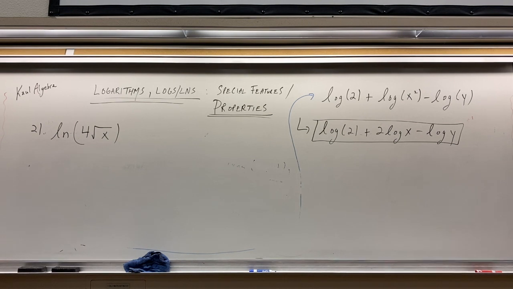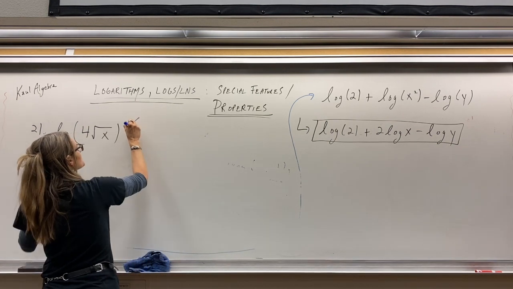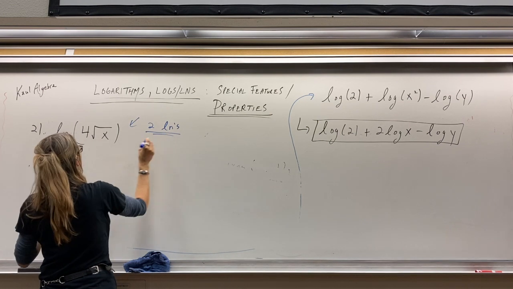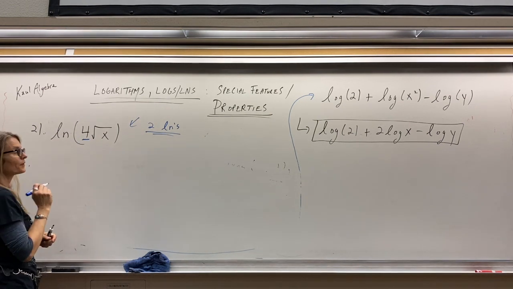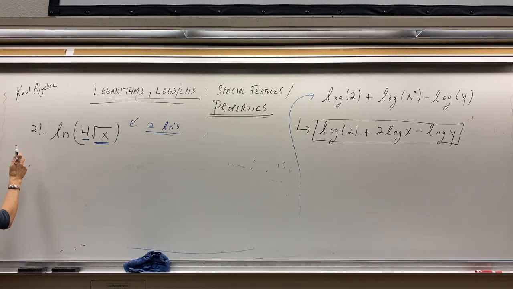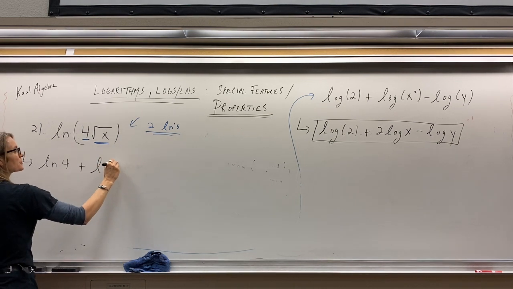In this case, I again want to identify how many logs I'm going to make. Here I'm dealing with natural logs, so I have 2 ln's: an ln for my 4, and an ln for my square root of x. So I'm going to rewrite this as the ln of 4 plus the ln of the square root of x.